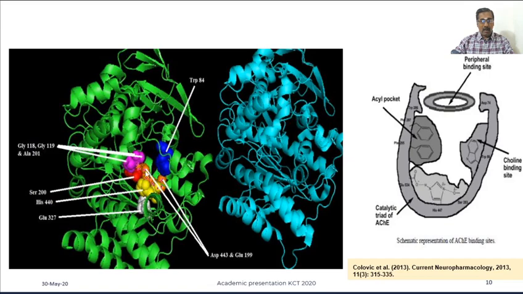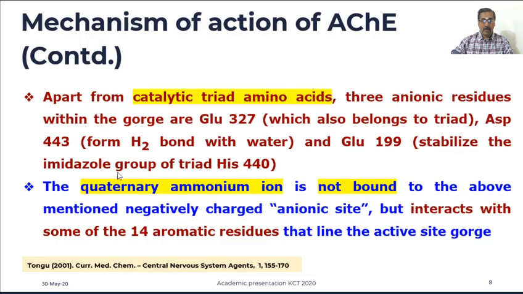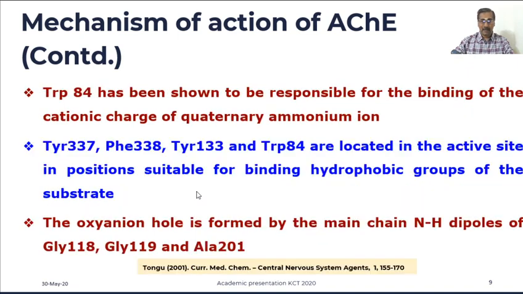And the orange spheres are aspartate 443 and glutamate 199. Already we have discussed that aspartate 443 is responsible for stabilizing water, which acts as a nucleophile. Glutamate 199 is responsible for interacting with the imidazole group of your triad histidine.